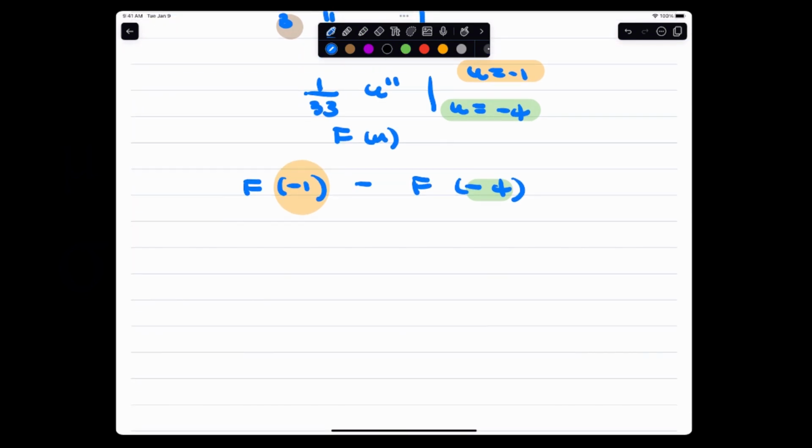Okay, so you say, well, what do I get now? This will be 1 over 33 times -1 to the 11th, minus 1 over 33 times -4 to the 11th power.